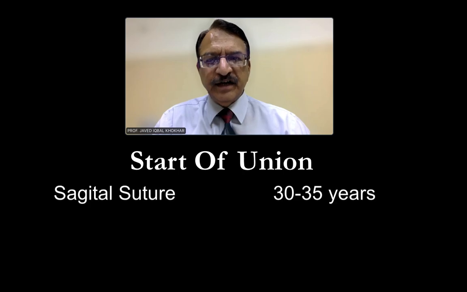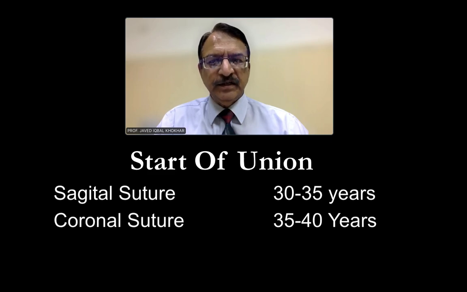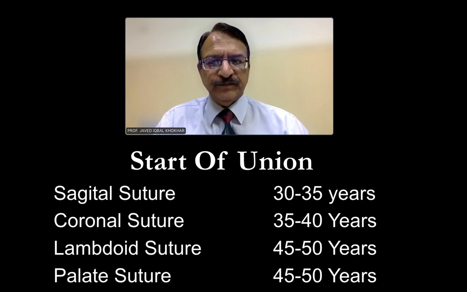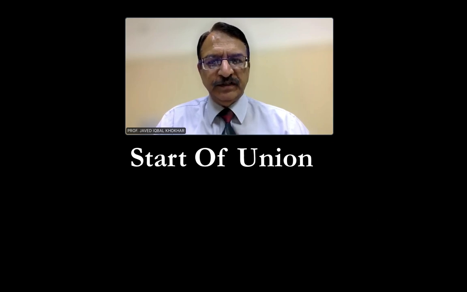Now regarding the start of the union, the sagittal suture starts at nearly 30 to 35 years of age, coronal 35 to 40 years, and lambdoid 45 to 50 years. The palate suture starts at 45 to 50 years.